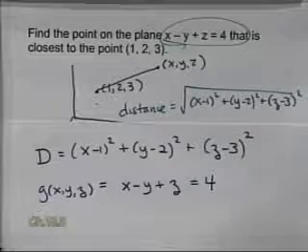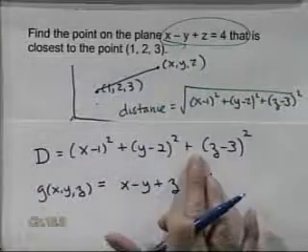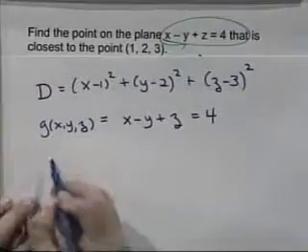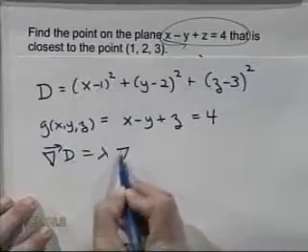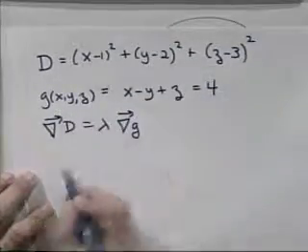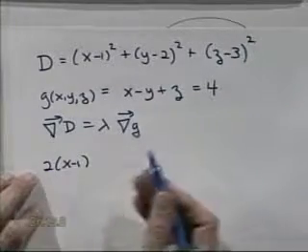Okay, so does everybody understand how we got the equation? We want to minimize the distance formula subject to the constraint that we're on the plane. Well, we need to have the gradient of D equal lambda times the gradient of g. The partial of D with respect to x is 2 times x minus 1 times the derivative inside, which is 1.